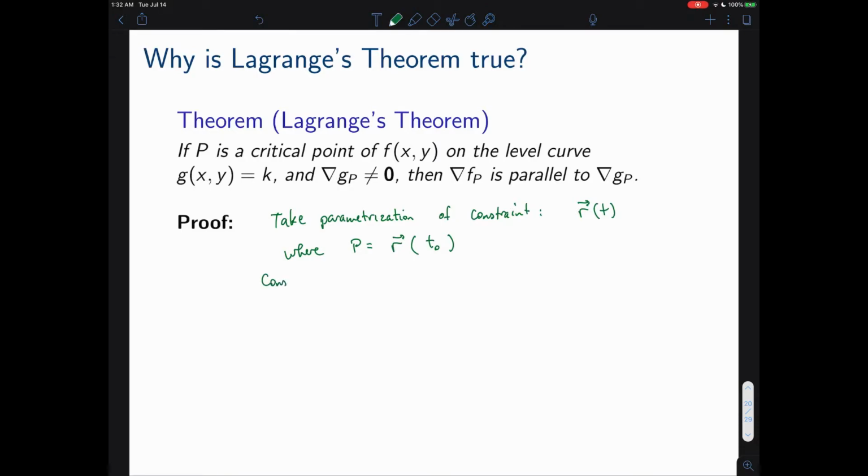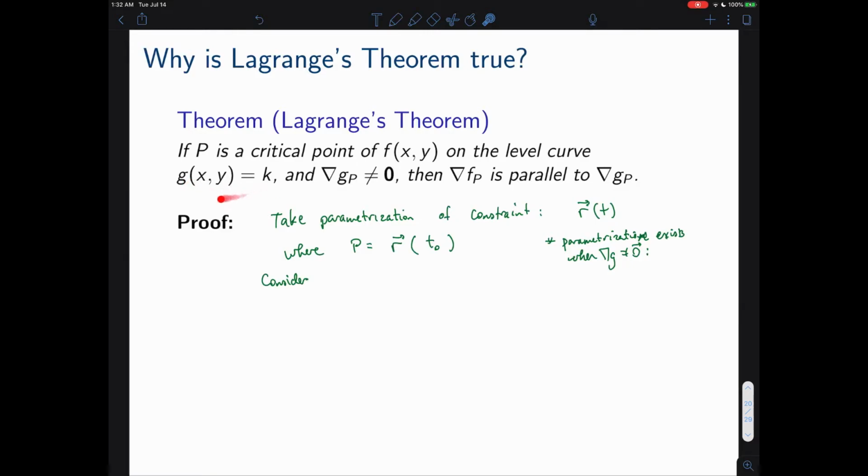And now, a technicality here. This parametrization exists as long as we know the gradient of g is not equal to 0. How do you know it exists? We were given an equation, and to convert from an equation to a parametrization, it turns out that's always possible.